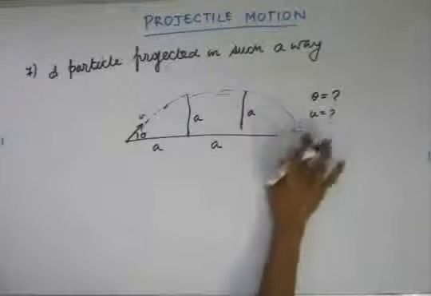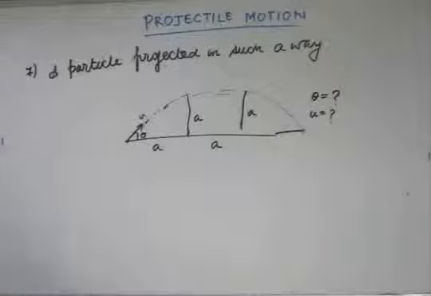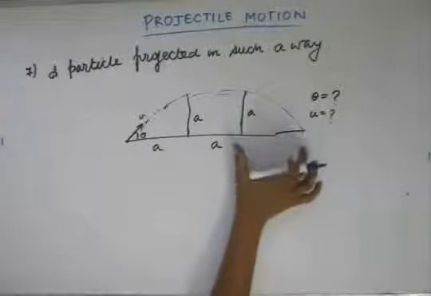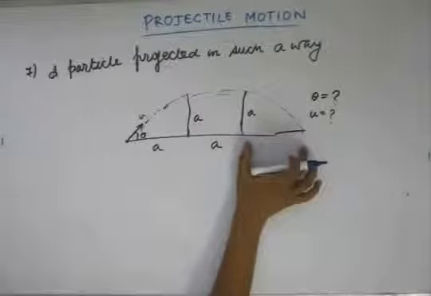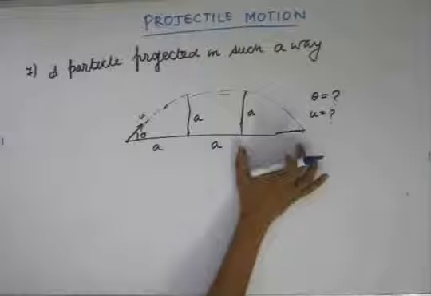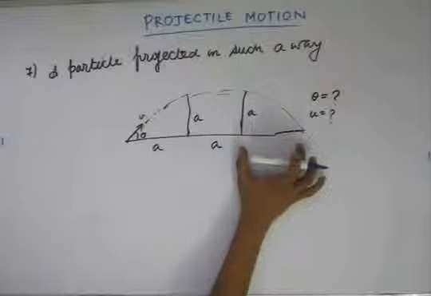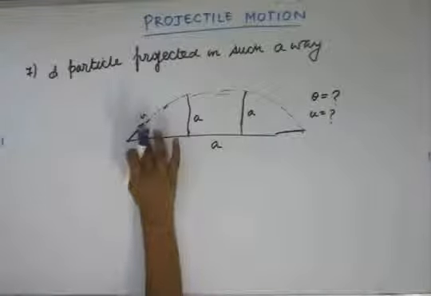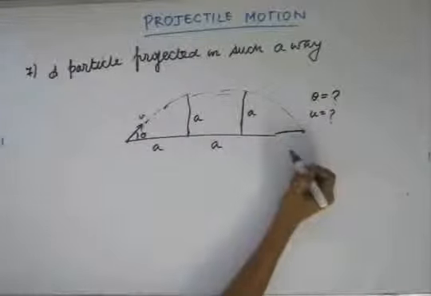So okay, now first of all let's see what will be this distance. I am given that this distance is a. What will be this distance? To find this distance, let's assume that the particle was not projected from here, it was projected from this side.